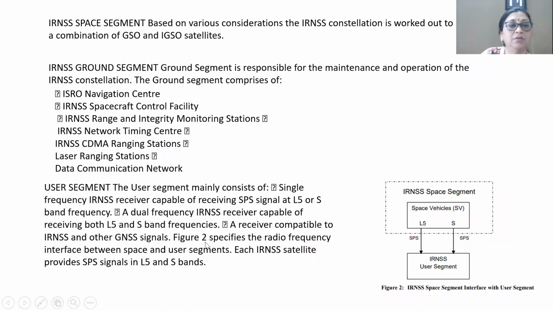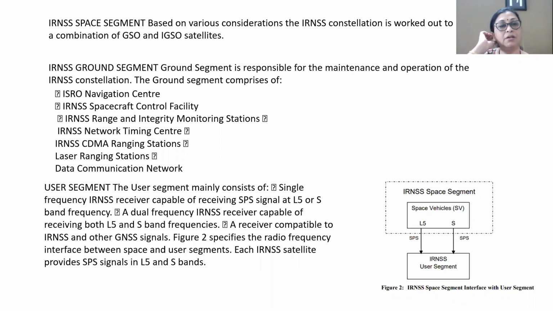Okay. So if you go to the specification of IRNSS, you can see that the satellite constellation consists of geostationary orbit satellites. So our Indian system uses geostationary satellite orbits.